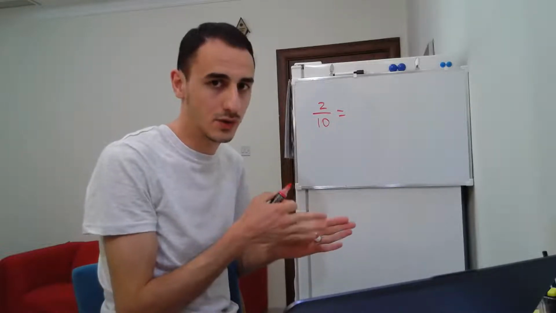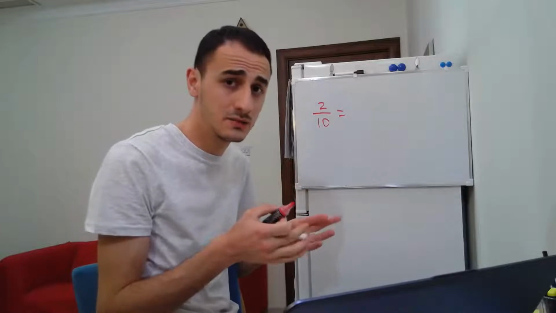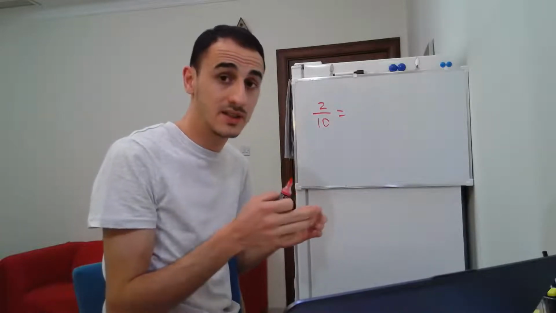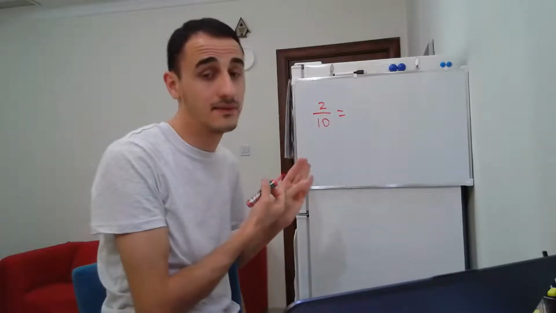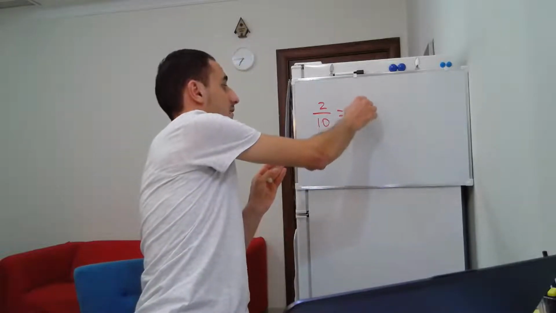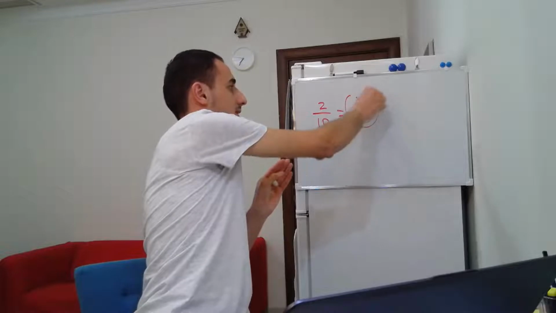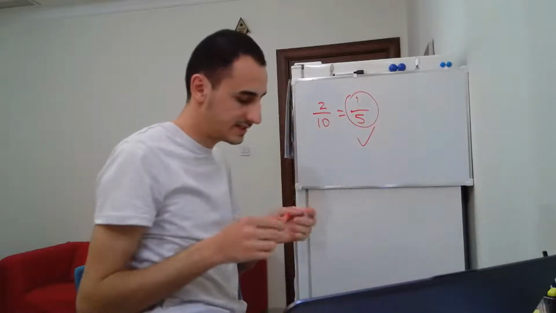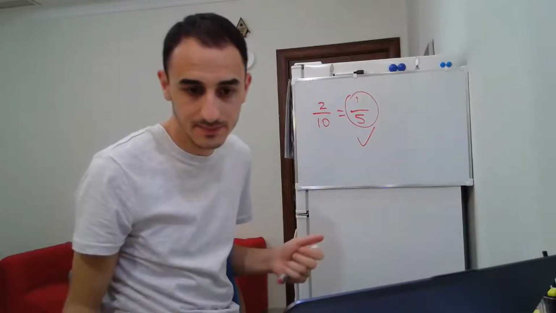I mean half score. If this question is 10 points, you'll get 5 points for that. Because it says simplify, and it's not simplified. You just find the answer. But if you write 1 out of 5, then you'll get full credit. 10 points, it is correct.